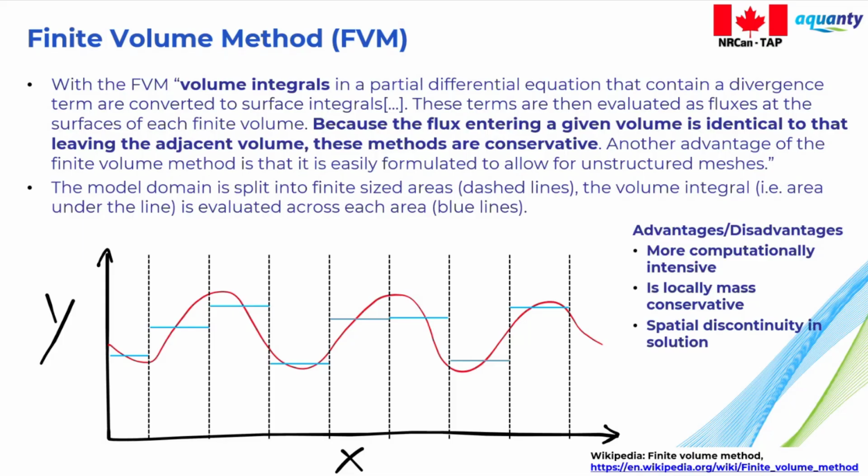This is by no means super accurate, I just did a little sketch. This is a little bit more computationally intensive, but generally gives you a more accurate representation of the overall flow solution because it is locally mass conservative. You avoid these local mass balance errors, but you still have the spatial discontinuity in your solution.